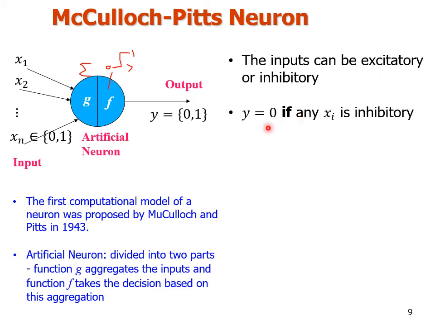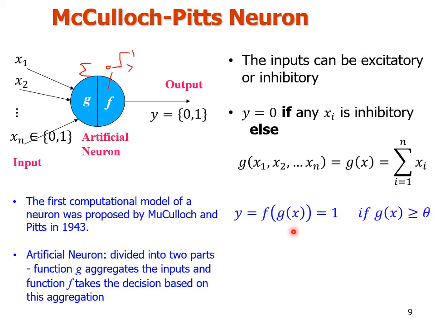y equal to 0 if any xi is inhibitory, so the neuron will not fire. Else compute g of x, that is a function of all the inputs x1, x2 up to xn, which is given as the summation over i equal to 1 to n of xi. So I am summing up all the inputs, and f is the function of g of x.